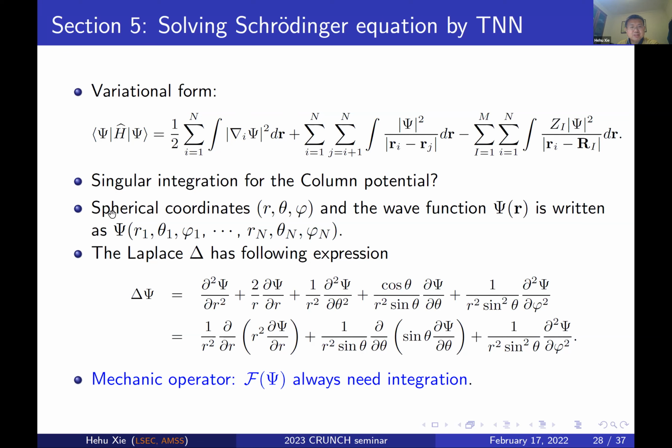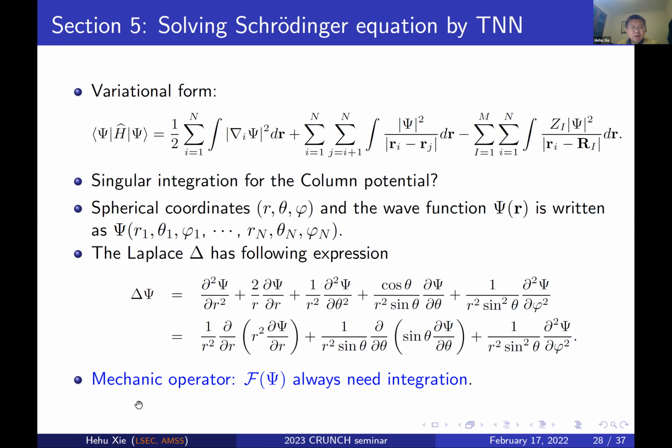Okay, these are some computing techniques. For example, we use spherical coordinates, and this is the formula for the Laplacian operator. I want to point out some considerations about quantum mechanics.